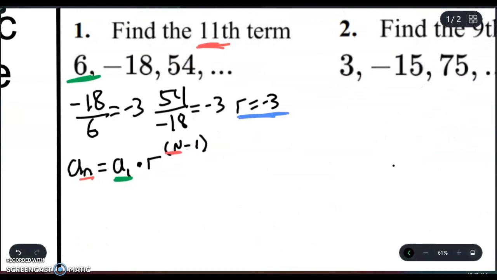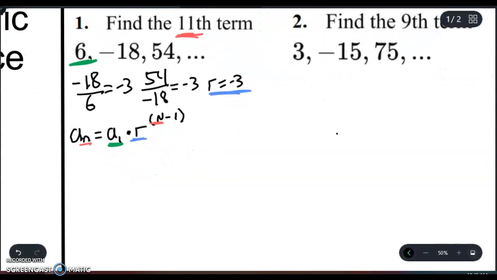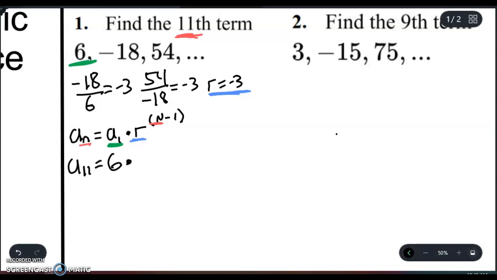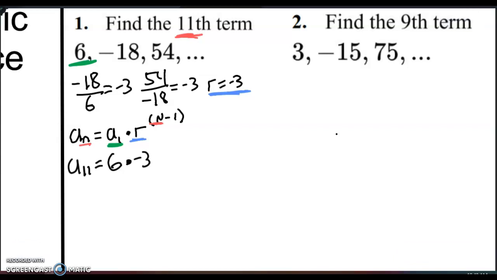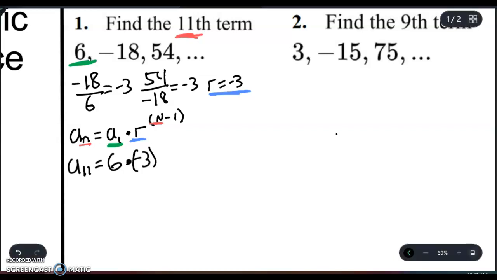So a sub 11 is equal to a sub 1, the first term 6, times the common ratio, negative 3. I put this times in here just to separate that, and because it's negative, I'm going to put parentheses here. Now it's raised to the n minus 1, and n is 11 again, minus 1.